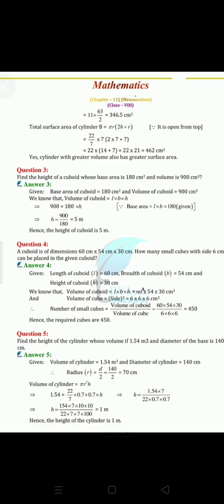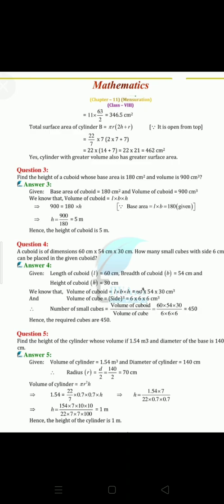Now the fourth one, a cuboid. A cuboid is of given dimensions. Now children, length, breadth and height are already given. So first thing, from this you can easily find the volume, correct? Once you find the volume of the cuboid by multiplying length into breadth into height, note whatever answer you get. Another thing they have given, there is one cube. How many cubes can you fill in it?